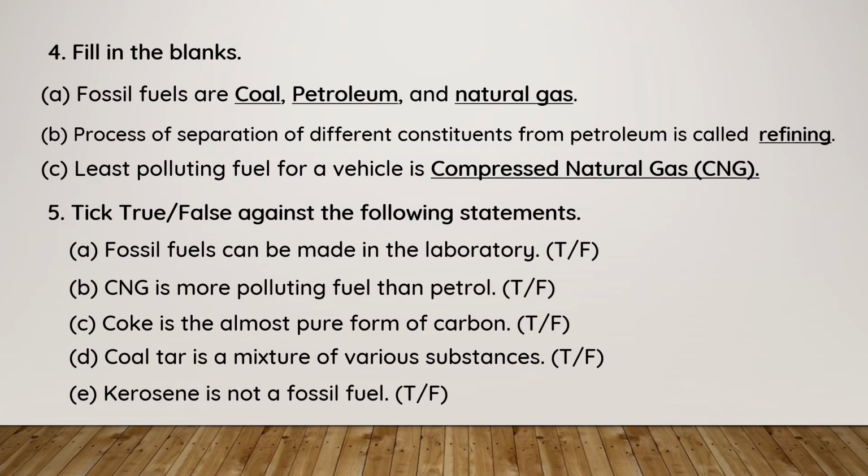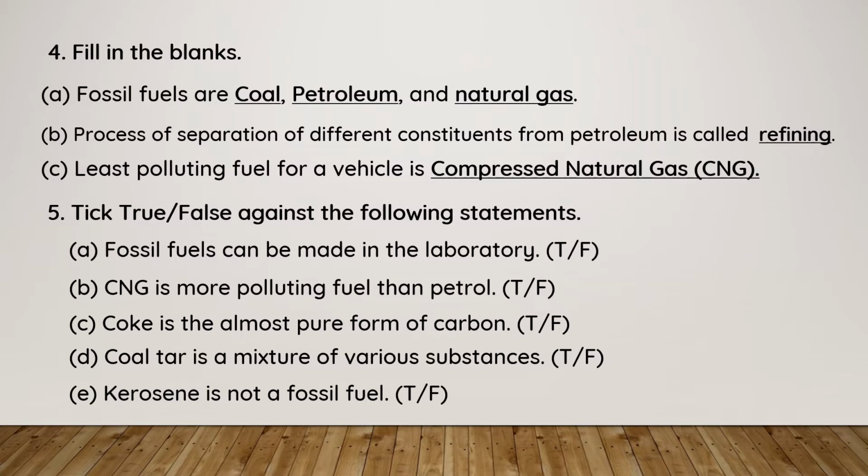Question number 4, fill in the blanks. First one, fossil fuels are dash dash and dash. So here you can write some examples of fossil fuels like coal, petroleum and natural gas. So fossil fuels are coal, petroleum and natural gas. Second one, process of separation of different constituents from petroleum is called dash.